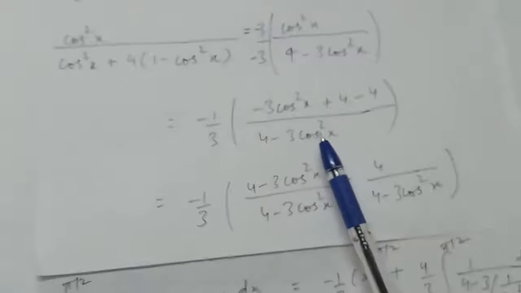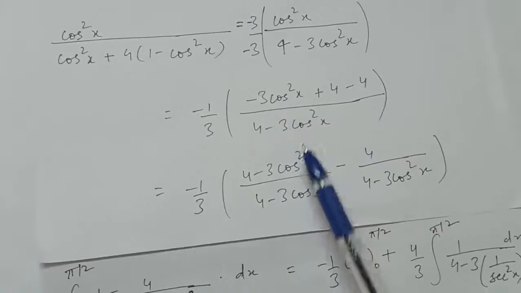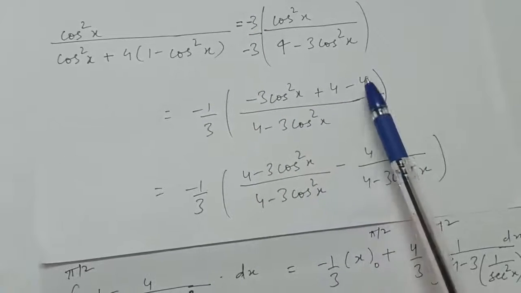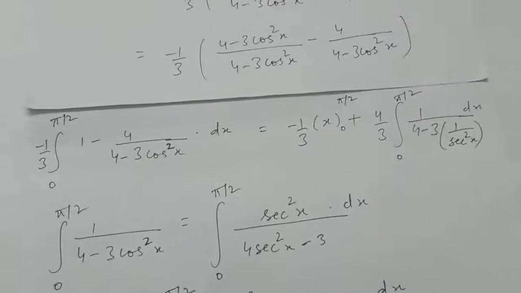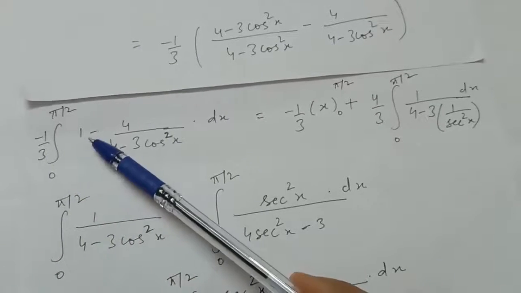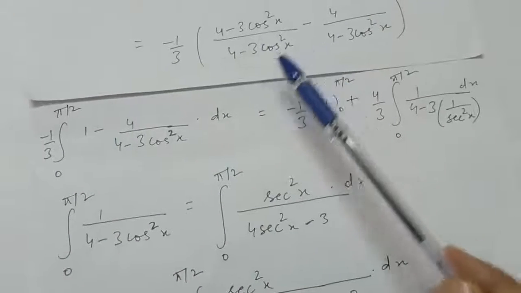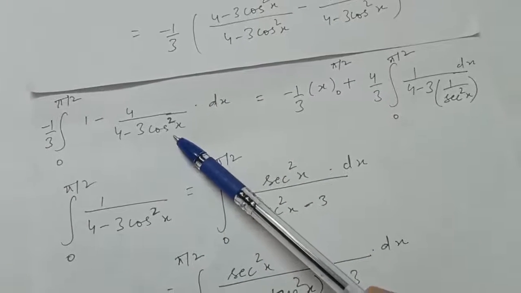Denominator as it is. Now this will be equal to 4 minus 3 cos square x upon denominator, minus 4 upon denominator. Therefore the given integral will now become the integral of minus 1 by 3 times 1 minus 4 upon 4 minus 3 cos square x.